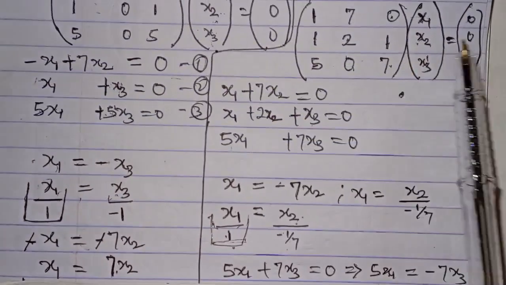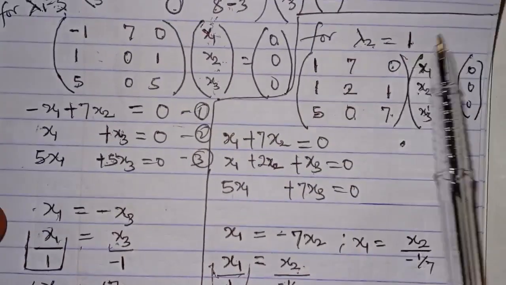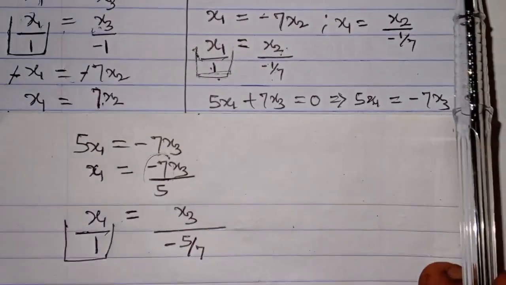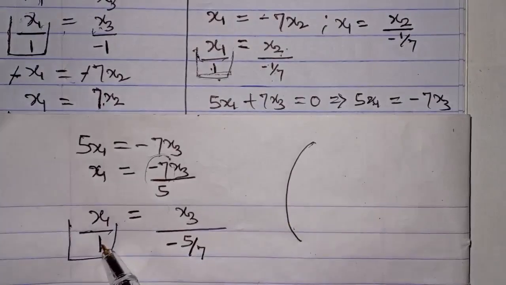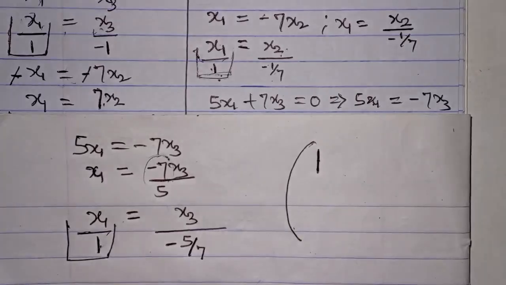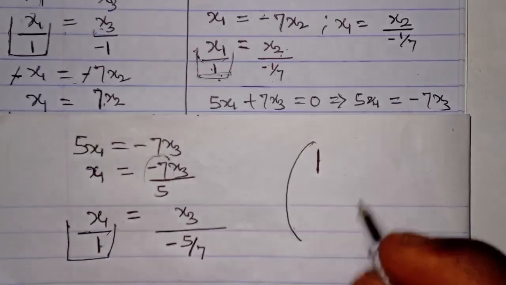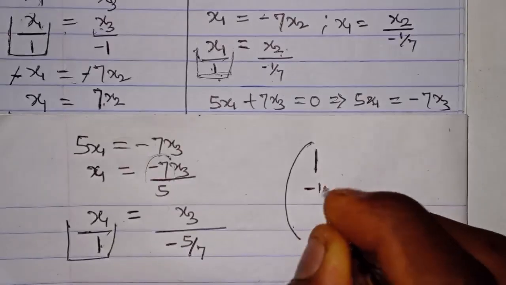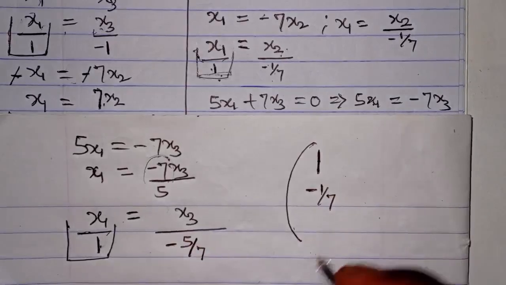So the corresponding eigenvector of this eigenvalue lambda 2 equal to 1 is this. x1 has a denominator of 1, x2 is minus 1 over 7, and x3 is minus 5 over 7.